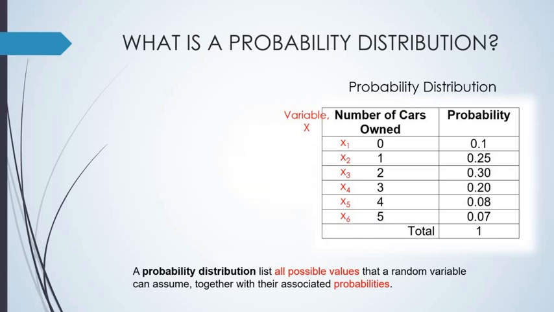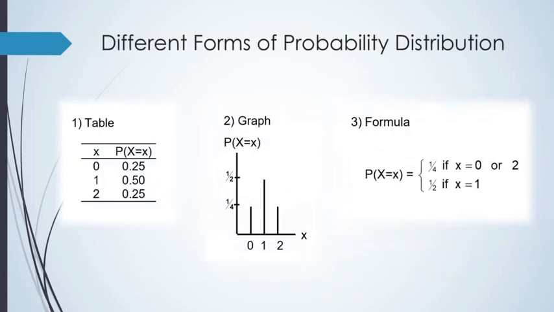Back to the probability distribution, a probability distribution can take different forms. It can be presented in table form, graphical form, or formula form. Here we see that regardless of which form it takes, this probability distribution will list all the possible values of X, and it will give the corresponding probabilities.